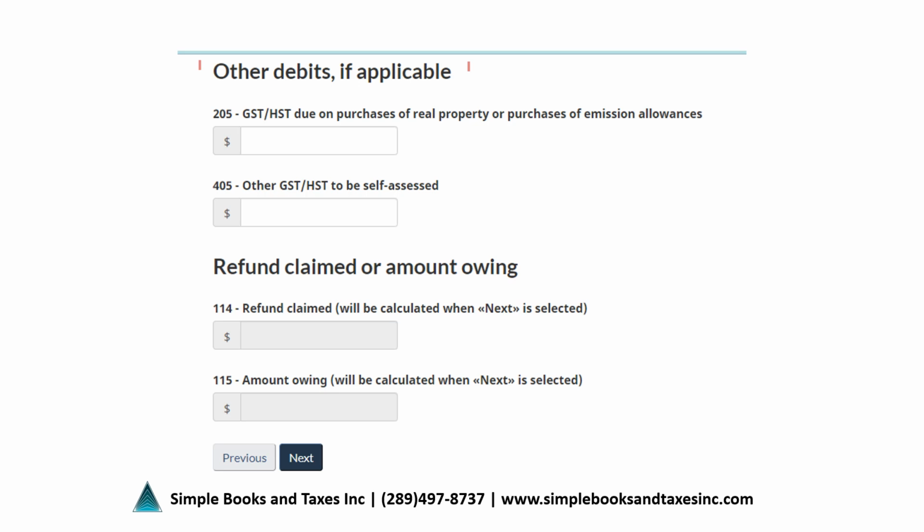None of these applies to our case, so we didn't enter anything. It's for the real properties and purchases of emission allowances, HST to be self-assessed, so we will not enter anything here. As we said, the refund claimed or amount owing will be automatically calculated once we press on next. So now we are going to press on next.